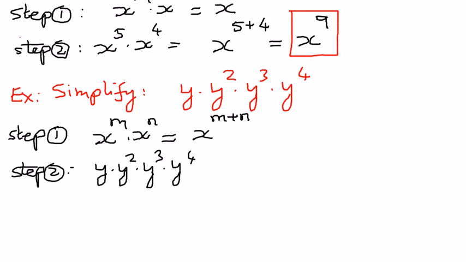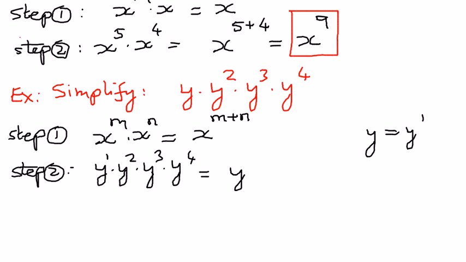Now, I want to clarify here, when we have a term y, it means y to the power of 1. So I'm going to write it as y to the power of 1 here. Since the bases are all the same, I can write the base once and then just combine the powers.